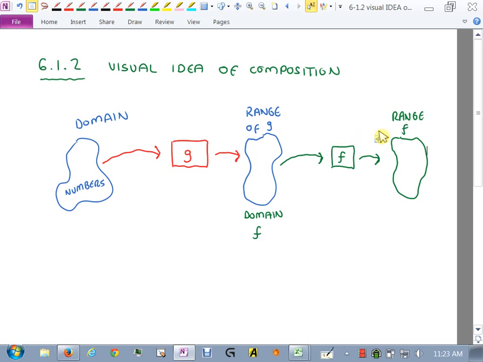And then after that, you go through another function, which would be the cleaning. And maybe there's a third function, which is the waxing and detailing. You could have more than two. We're going to start with just two. But as you move into calculus, you can have composition of up to, I don't think we ever go past like 5. But theoretically, you can have as many compositions as you want. The chain can keep going.